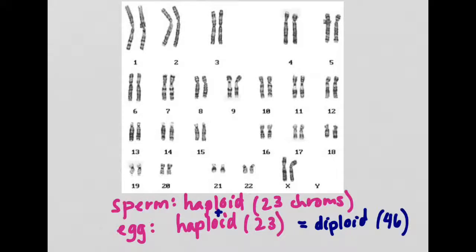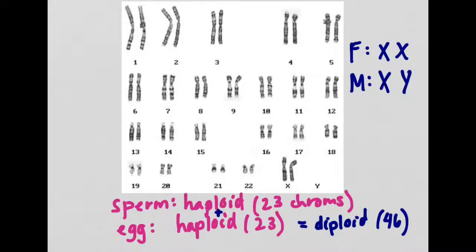And again, keep in mind that 2 of those 46 are going to be sex chromosomes, which will determine the individual's sex. Right? We know that females have 2 X chromosomes, versus males, who have an X chromosome and a Y chromosome.